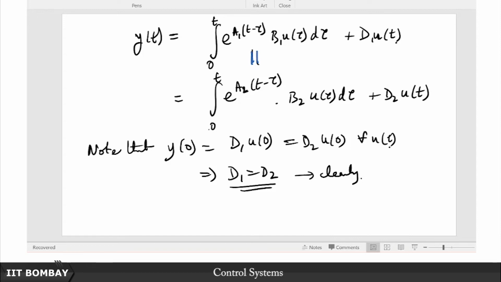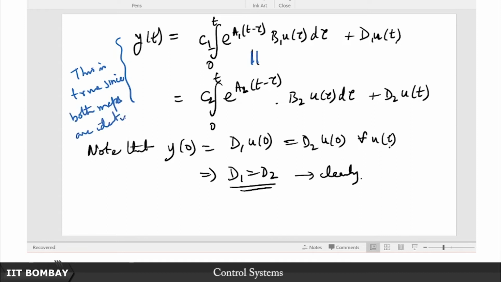So therefore now this is going to be C1, the state space equation, you have to pre-multiply by C. This is true since both maps are identical.